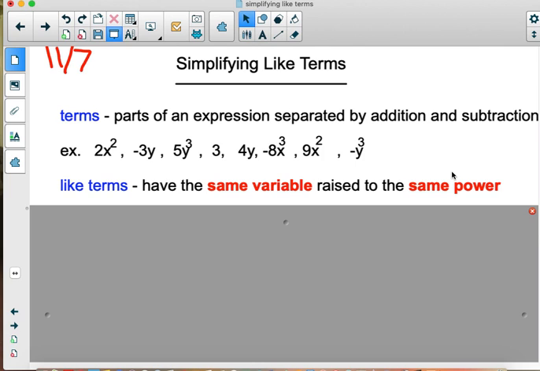Sometimes your term can be negative. Sometimes your term can just be like 3, like a plus 3. Like terms are when they have to have the same variable raised to the same power. If you have highlighters, this is the lesson that I want you to use highlighters on.